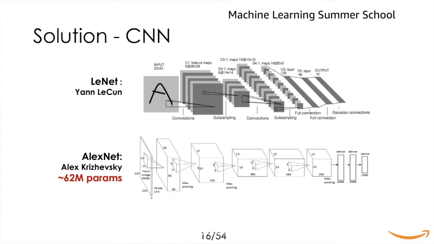Then in 2012, Alex Krizhevsky proposed AlexNet. This is the first large-scale CNN which was able to do well in the ImageNet or ILSVRC competition. This architecture was able to beat the traditional models by a huge margin at that time. And this network triggered a lot of interest in the CV community and started a spree of research in the field of CNNs.